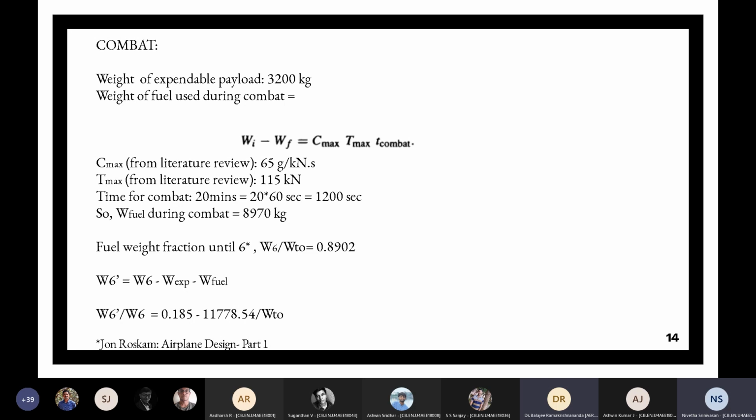If we multiply all of that, it comes with respect to the takeoff weight. So that fraction we got as 0.8902. And after combat, we subtracted the expendable payload and the fuel weight, which we found from the formula above. And we got a weight fraction in terms of the takeoff weight, this last equation given here. So this was the combat segment of the mission.